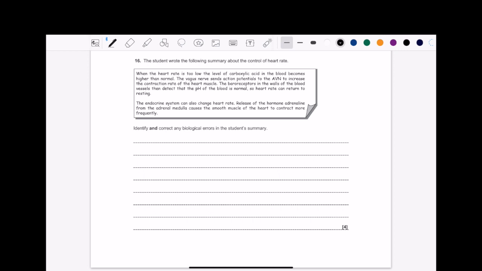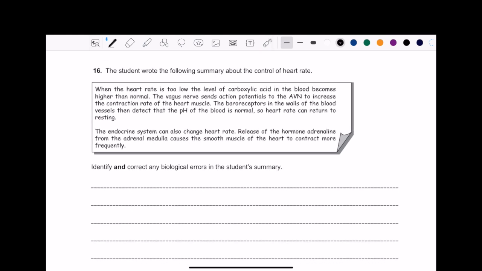But enough of that. Let's read what the student wrote. When the heart rate is too low, the level of carboxylic acid in the blood becomes higher than normal. Wrong. It's not carboxylic acid. Let's be honest, it will be carbonic acid. This is what they like to do. They like to put words that are similar to the original. So some people might say carbon dioxide for this one, but that's wrong, okay?